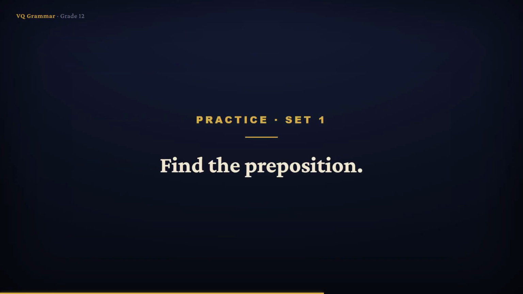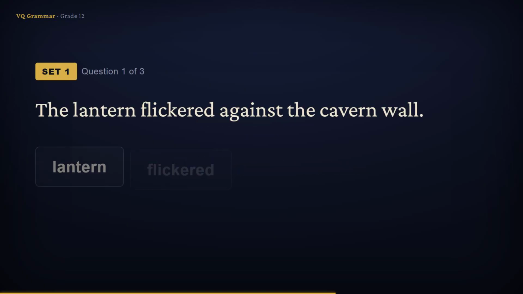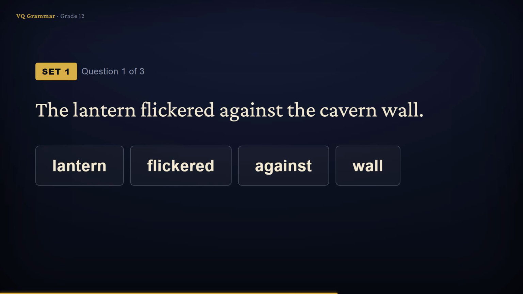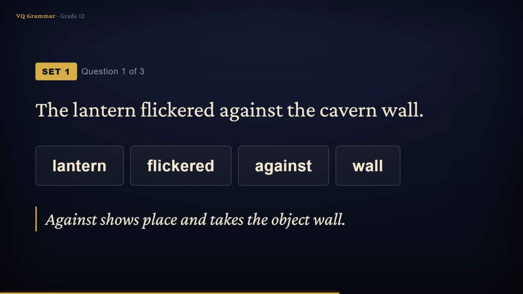Time to practice. In this first set, I'll give you a sentence, and your task is to find the preposition hiding inside it. Pause the video and pick it out before I reveal each answer. Here's the sentence. The lantern flickered against the cavern wall. Which word is the preposition? Check each one for a relationship plus an object.